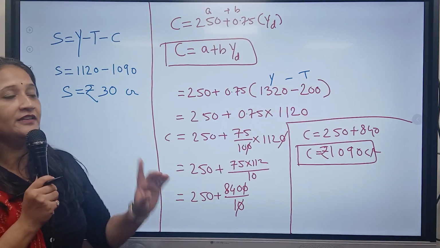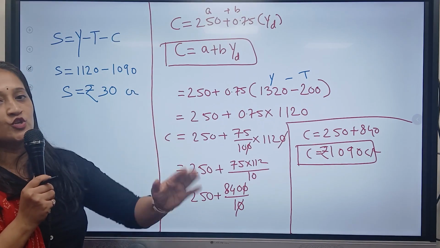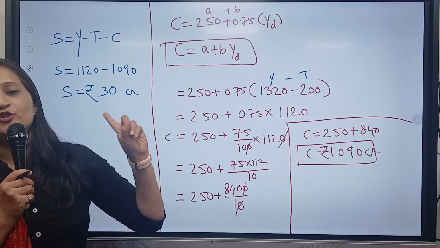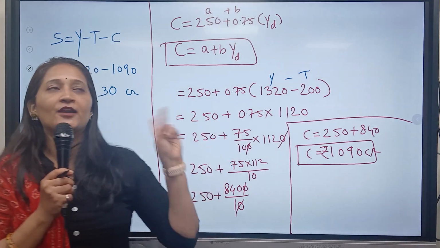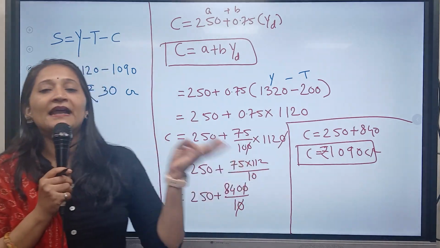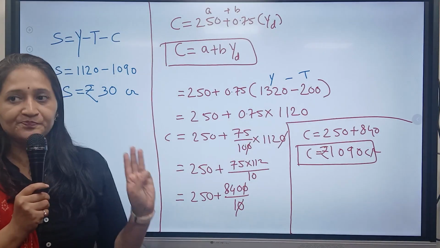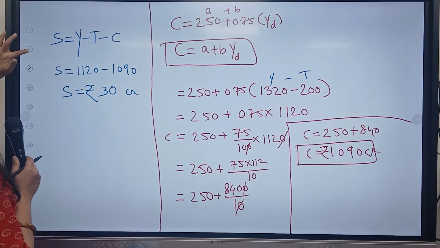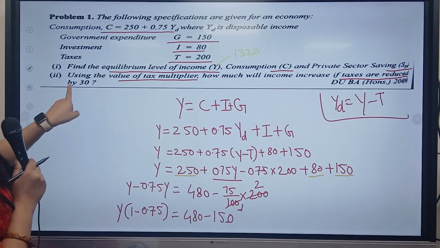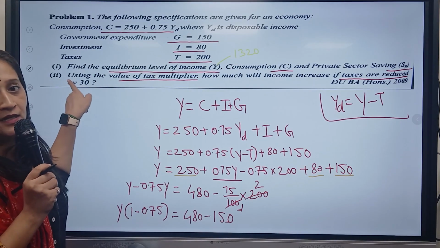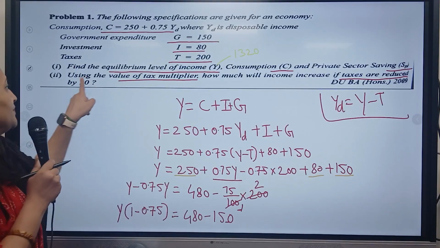So we have done with the first sub question of the case study, that is calculation of equilibrium income, calculation of equilibrium consumption, and calculation of equilibrium savings in the three sector economy. Let us now solve the second subsection of the first case study.